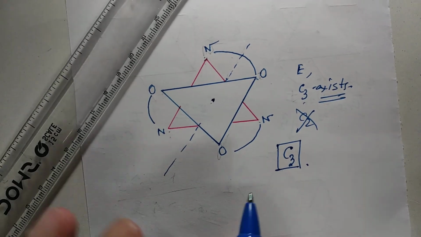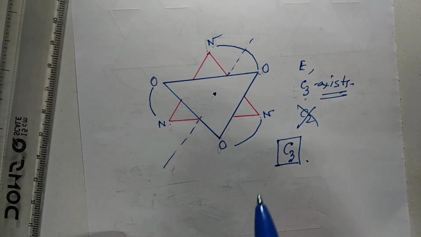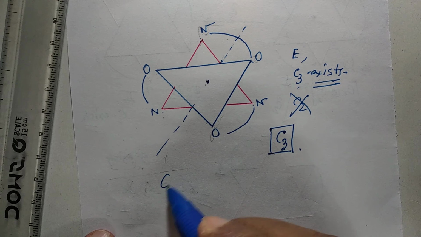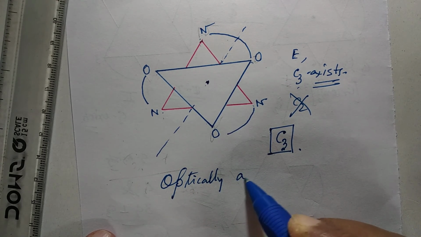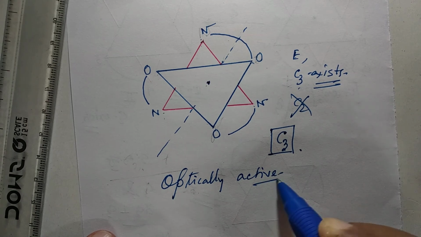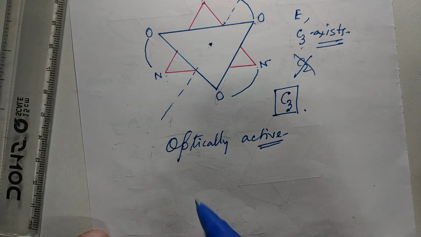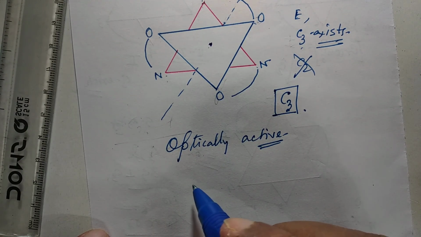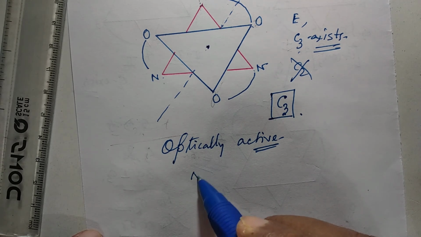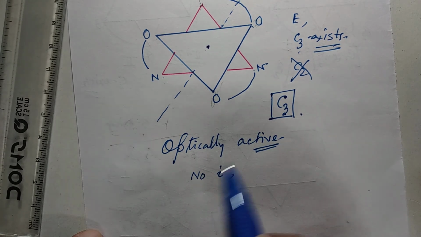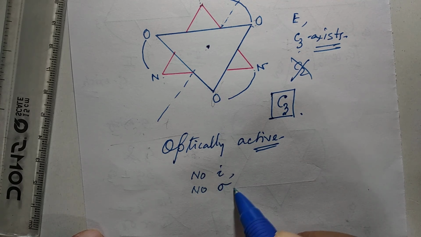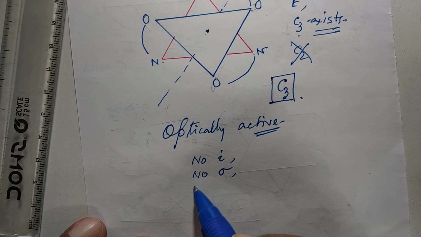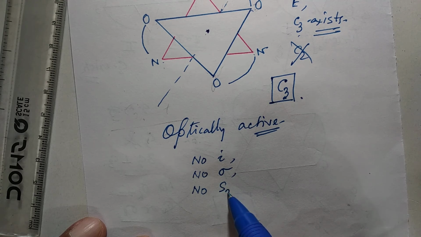All these molecules that we have discussed today are optically active. They are chiral, optically active, because the condition of chirality is no identity... no inversion center, no reflection plane of symmetry, and no SN axis.